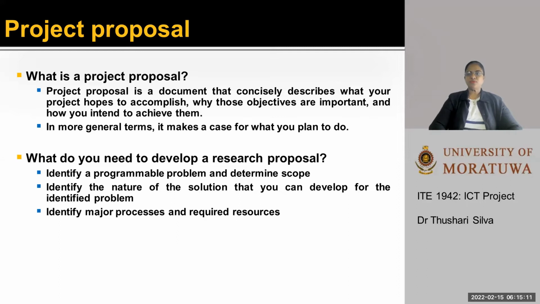Last week, we talked about the scope of a project, especially an ICT project, that you have to look into throughout this course module. Once you have clearly identified all the functionalities which cover your scope, you have a problem in hand. That is called a programmable problem. Then again, it comes to our first lecture on how to identify a programmable problem.